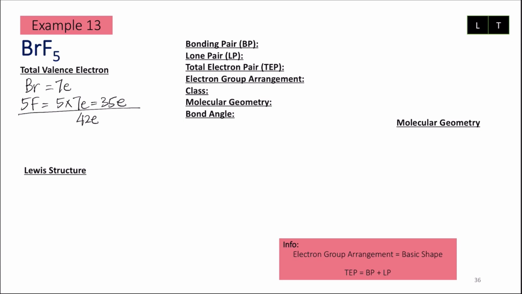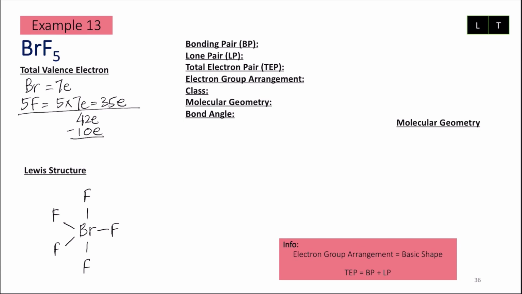Next, I'm going to choose bromine as my central atom because it's much more electropositive than fluorine. So Br will be the central and I have 5 of it. 1, 2, 3, 4, 5. And then each of them attached to fluorine. So you use up already 10 bonding pair electrons.